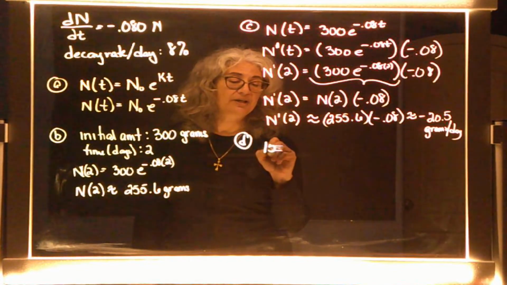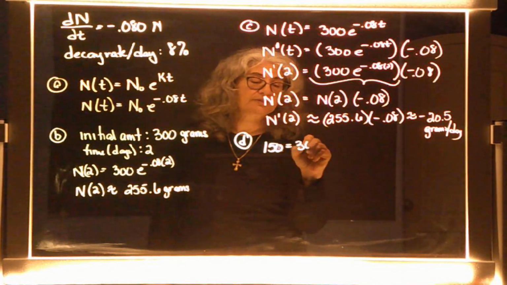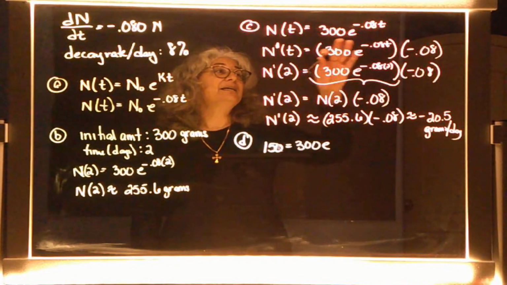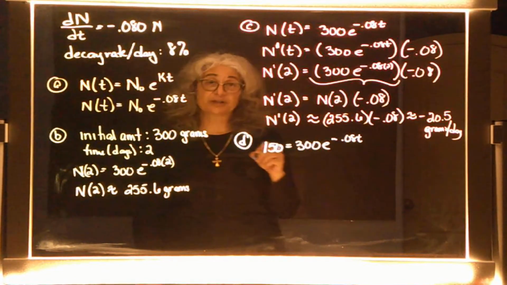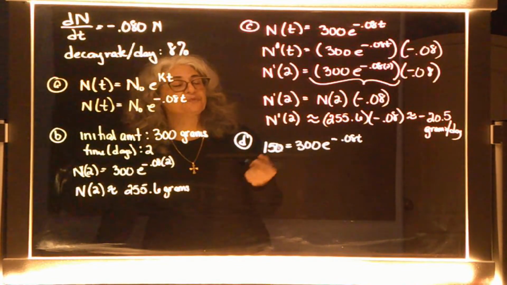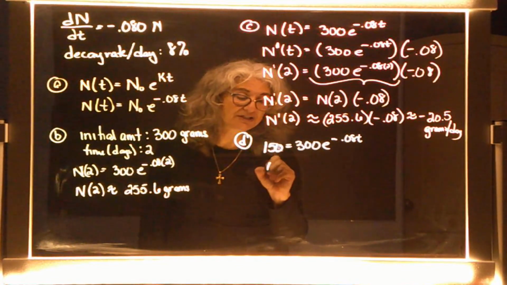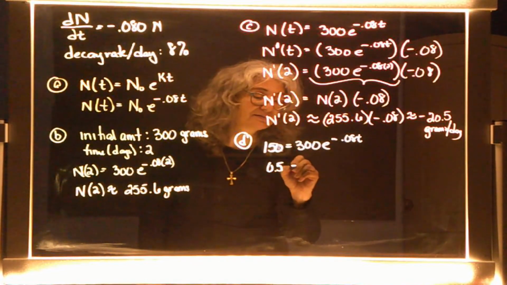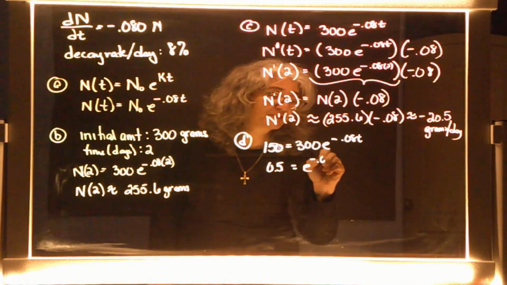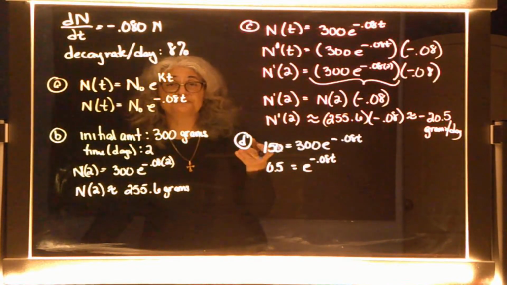So we end with 150 grams. We started with 300 e to the negative 0.08 t, right? Okay, now what? Good, divide by 300, which will give me 0.5 when I actually do that, right? I get half equals e to the negative 0.08 t. Now what?